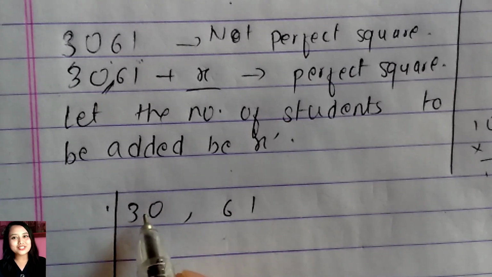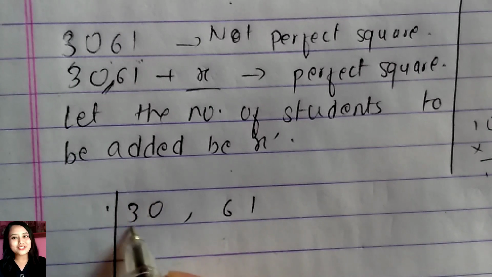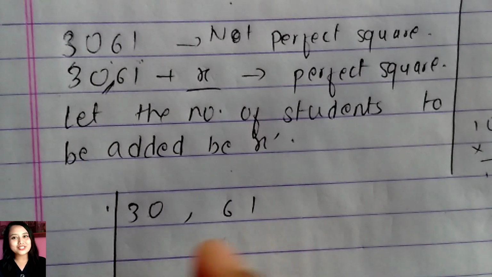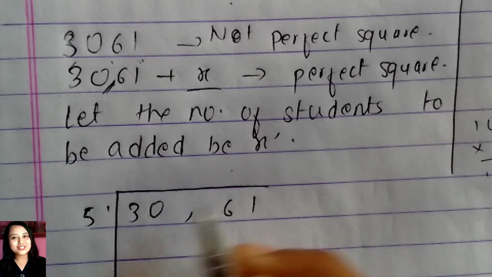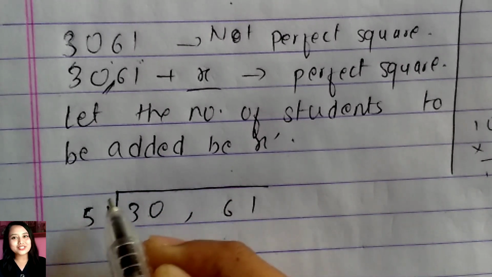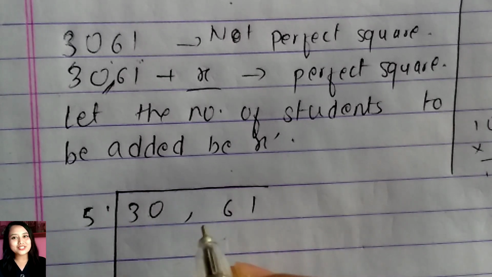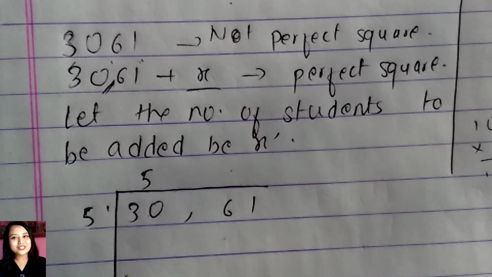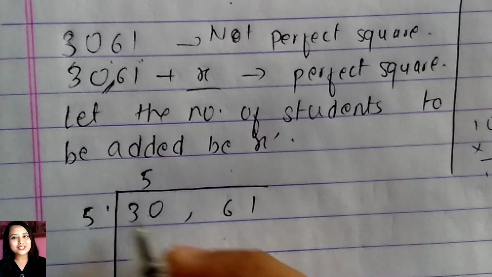Now let's first talk about this 30. Which number is very similar? Suppose I take 5, then 5 5s are 25. Every time, remember this 5 and this 5 should be the same, because we are making a perfect square.